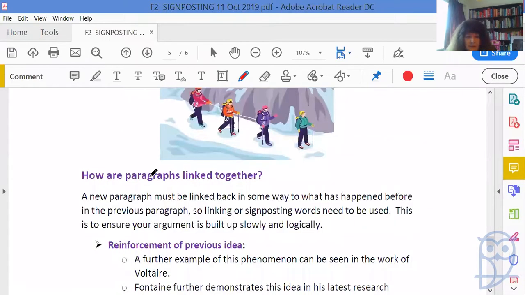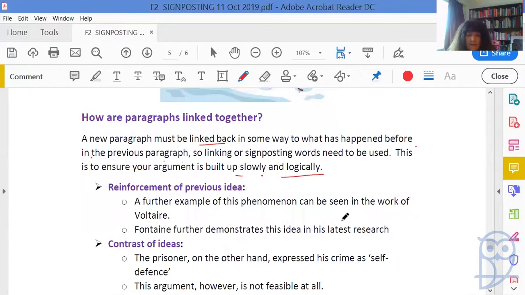And we can just finish up with how paragraphs are linked together. A new paragraph must be linked back in some way to what's happened before in the previous paragraph in your essay. So linking or signposting words need to be used because you need to show that you've already mentioned something about this. This ensures your argument is built up slowly and logically.